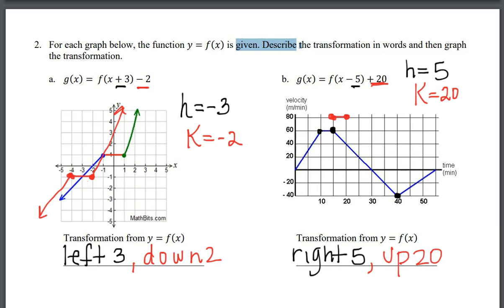So that's what it appears like. And then here, we can't fit that last piece, but we know that it is increasing. And that would be our transformation graph.